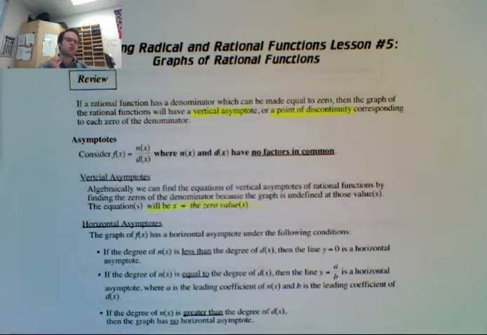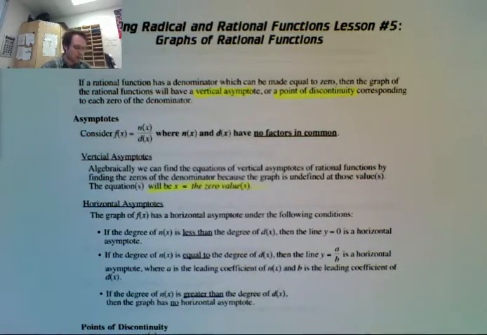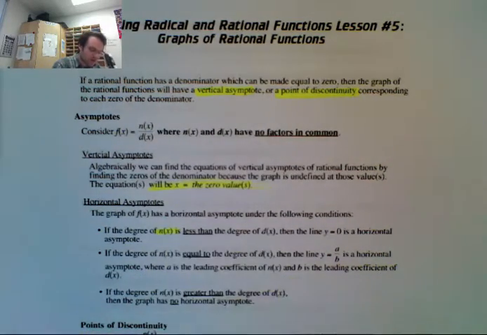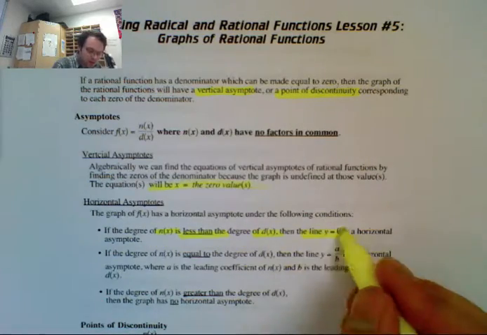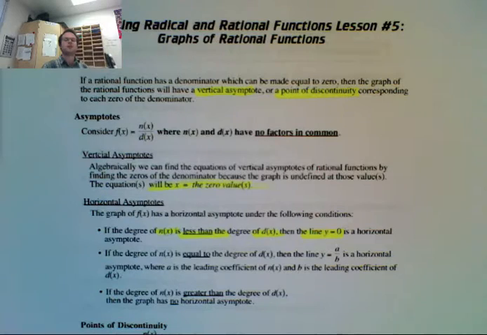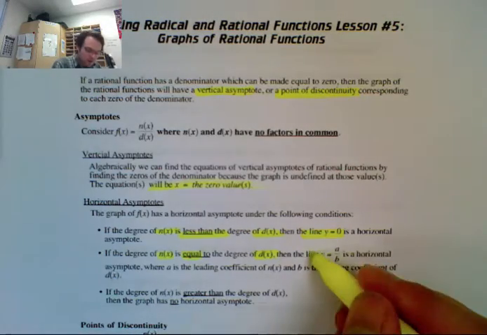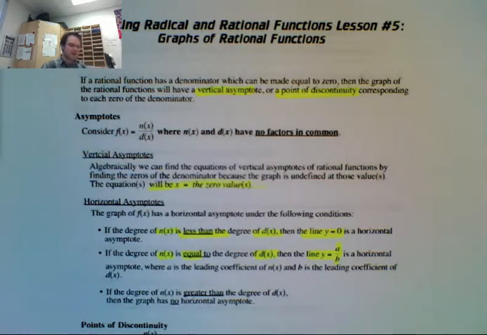Horizontal asymptotes, we have three different scenarios to look at. If the degree of our numerator is less than the degree of our denominator, then y equals 0 is our horizontal asymptote. If the degree of the numerator is equal to the degree of the denominator, then the line y equals a over b, meaning the leading coefficient of the numerator divided by the leading coefficient of the denominator, is my horizontal asymptote.